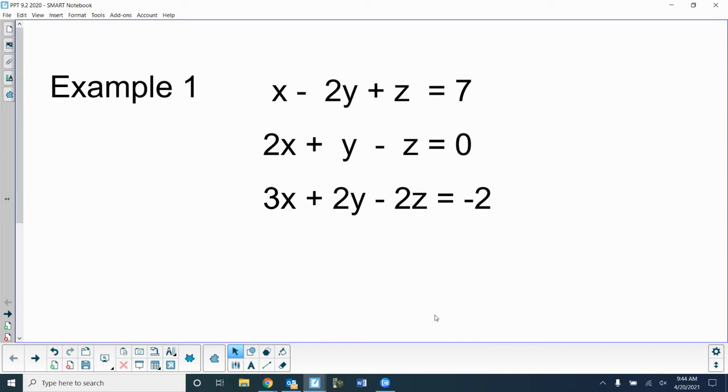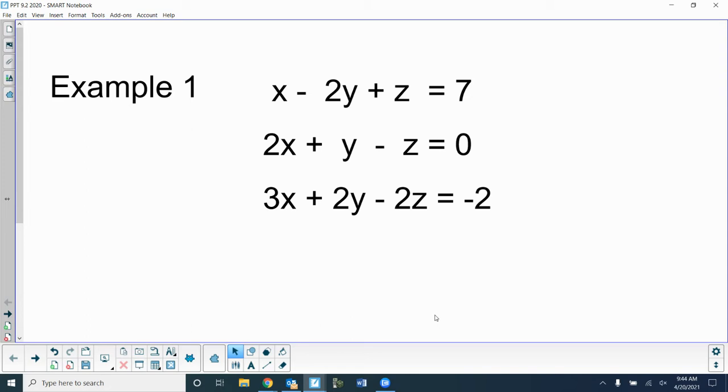All right, so I want to show you how to do this, so pay attention. I like to use, again, you can use substitution or elimination. I like to use elimination, okay? So what I want to do is I need to eliminate two variables.